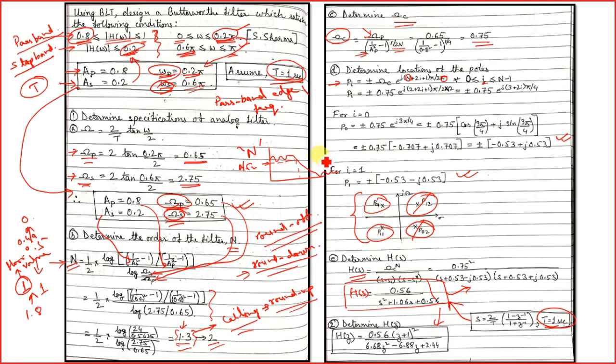I hope every one of you knows. So this is basically omega p, the passband edge frequency, and similarly from here you get omega s, which over here is 0.65. This is the passband edge frequency, this is the stop band edge frequency.